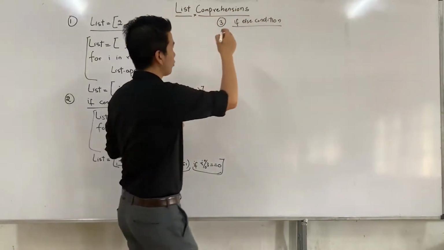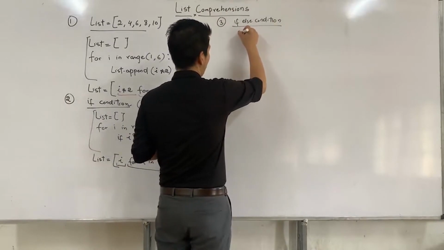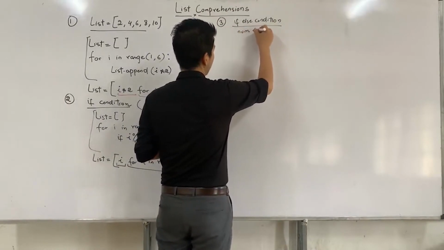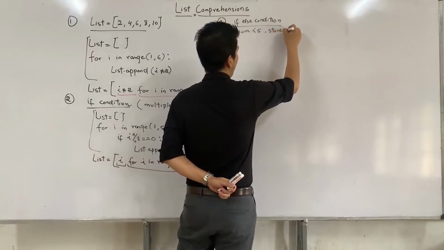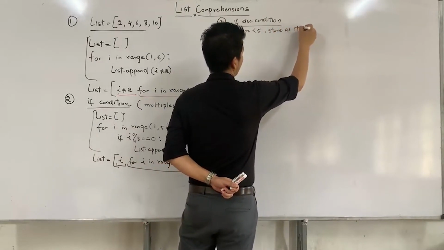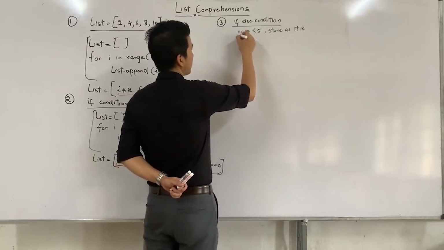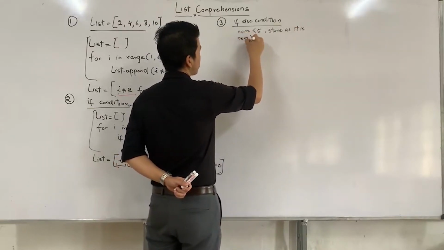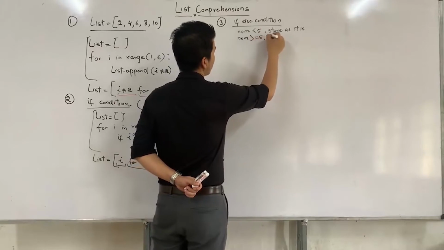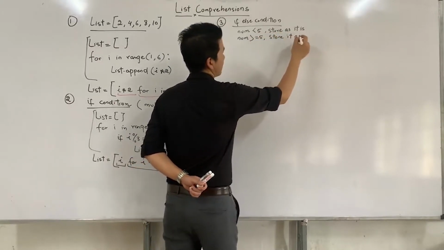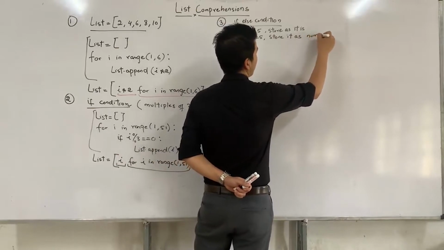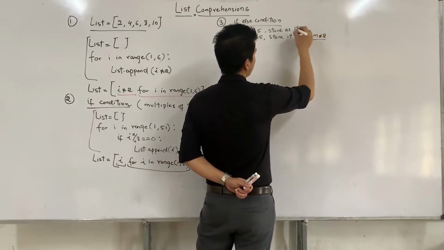Now let's say the example would be something like this. If the value of num is less than 5, store it as it is. And if the number is greater than or equal to 5, store it as num multiplied by 2.